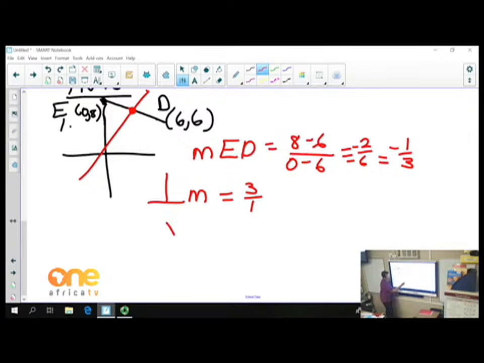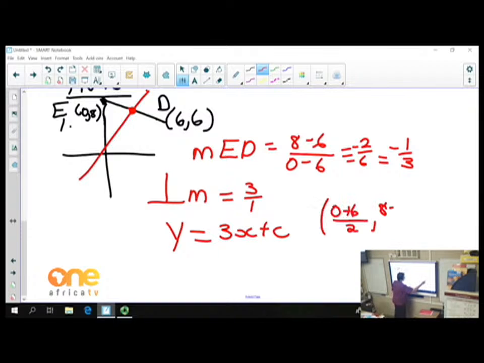So now the equation is y is equal to 3x plus c. Now, which point is this line passing through now? We said the midpoint. Do we have that midpoint's coordinates? Can we calculate it? Yes, with our formula. What would be the midpoint of those 2 points now there? Okay?